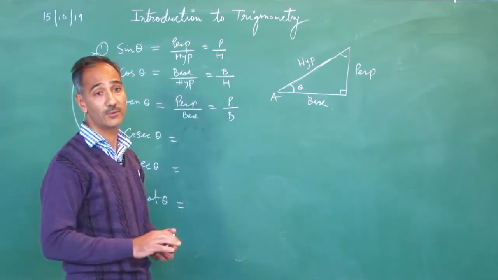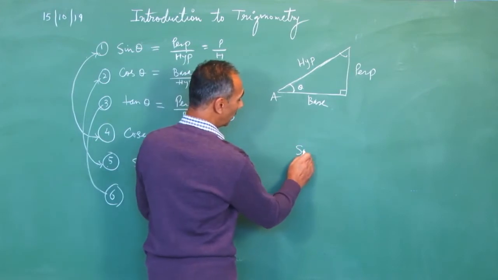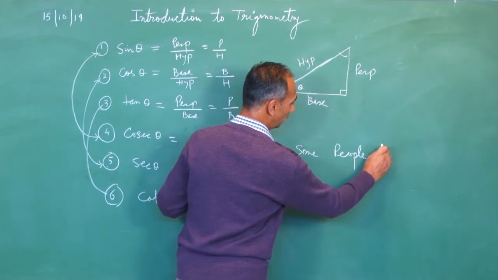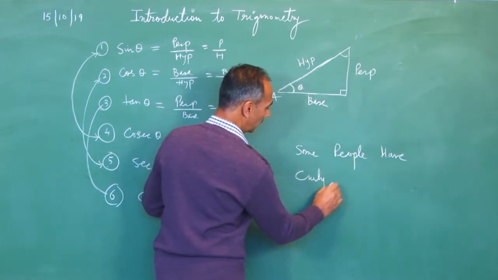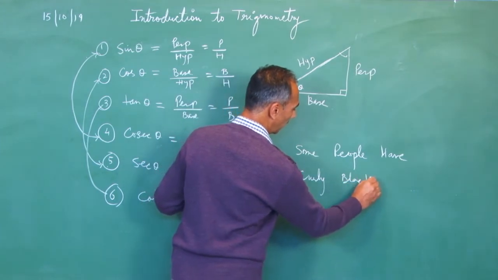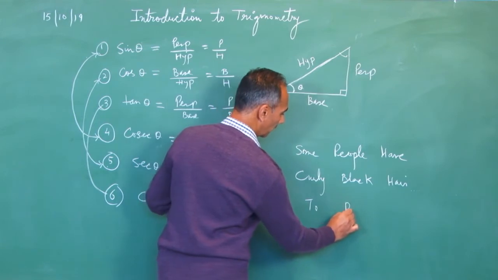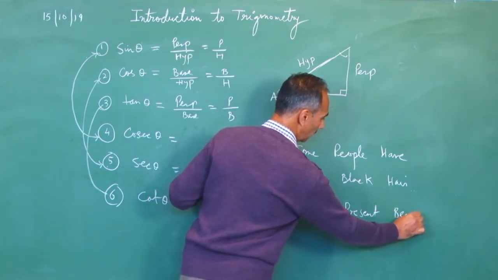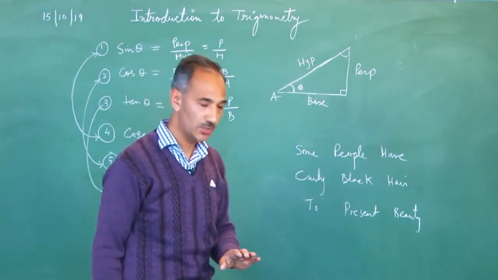Now, how do we retain the value of these t ratios? We retain it this way. Some people remember this phrase, it's a memory aid: curly black hair to present beauty. By retaining this, you are retaining the six t ratios.